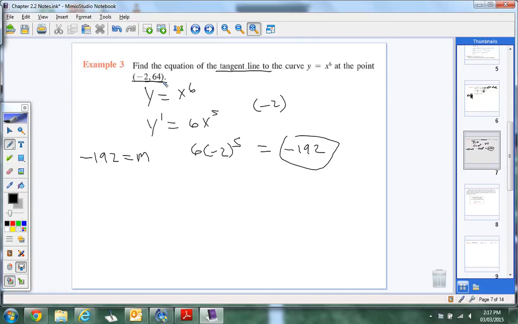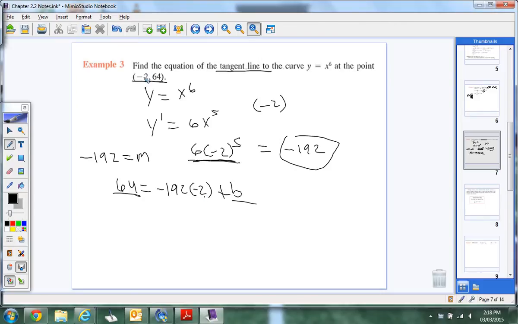So I'm going to go 64 equals -192 times -2 plus b, and we're just trying to solve for b to finish my equation. I got the -192 from calculating this right here. I got the 64 for my y up here, and the -2 for my x up here.